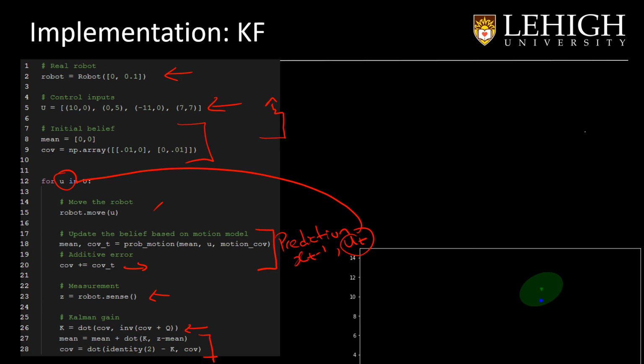This is just an example. After running this code, we will obtain something like this. This is the actual robot, and this is our estimation, and this was done after 4 time steps. We got a very close estimation of the real state.